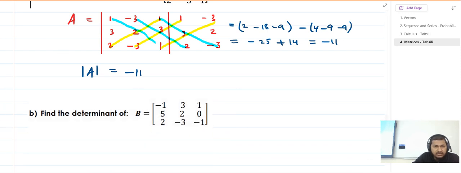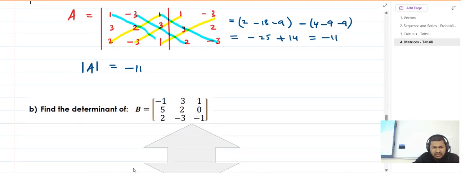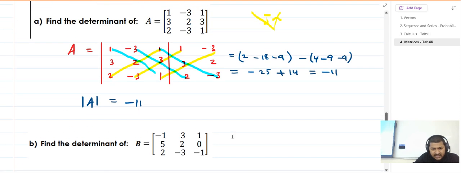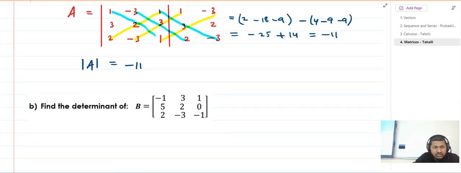Find the determinant of B. Similar problem. So guys, you know what to do. You're supposed to be using the absolute sign. I'm just going to change this. I'm just going to extend the 2 columns on this side. I have to assume that this is an absolute sign, right? I don't want to rewrite all this now. So what we have here is negative 1, 5, 2, 3, 2, negative 3.